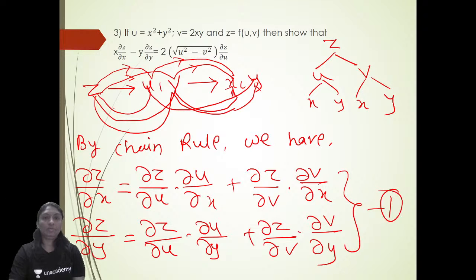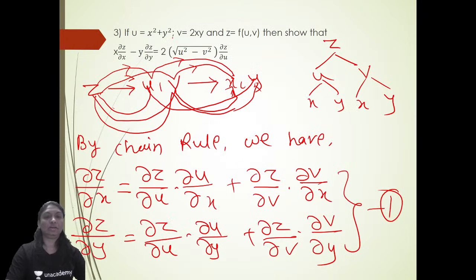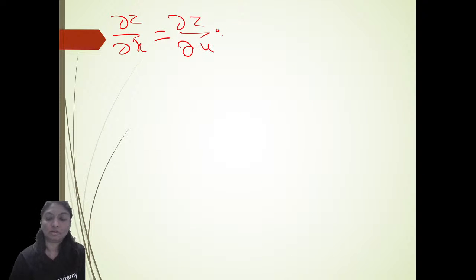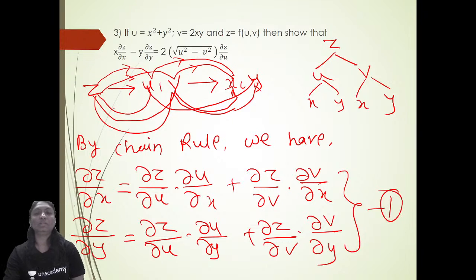Now u is equal to x square plus y square. So from this equation we will get ∂z/∂x. Directly we can calculate ∂z/∂x is equal to, now see here, ∂z/∂u, क्या आएगा यहाँ पे, as it is, because z is not given as a function in terms of this.